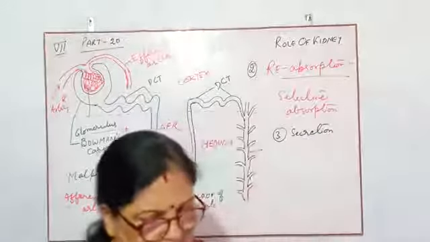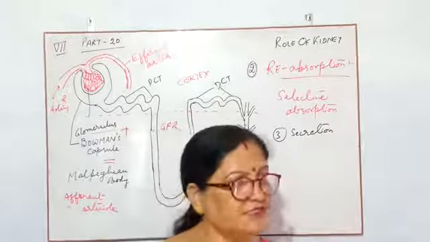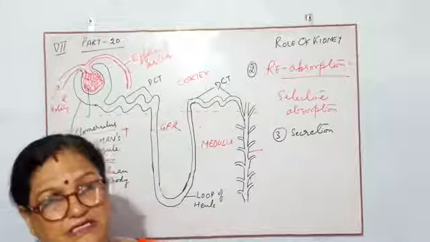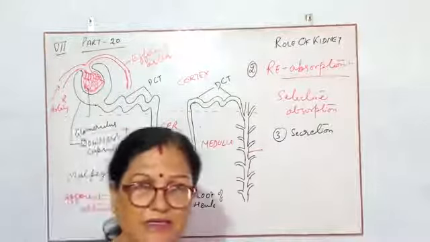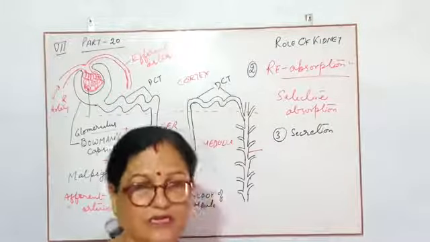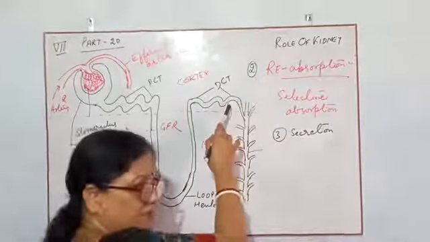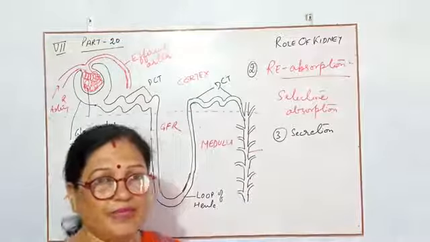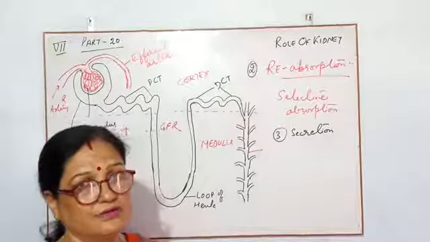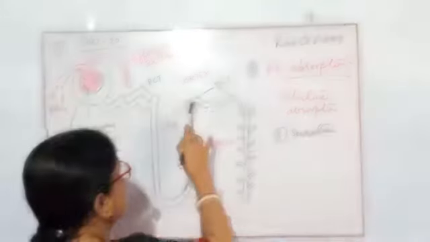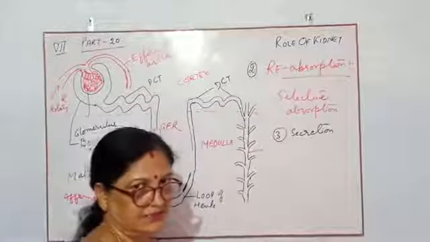As the name suggests, secretion means some materials can be secreted, or given to the filtrate, to make it proper urine. These things can be done in the DCT.